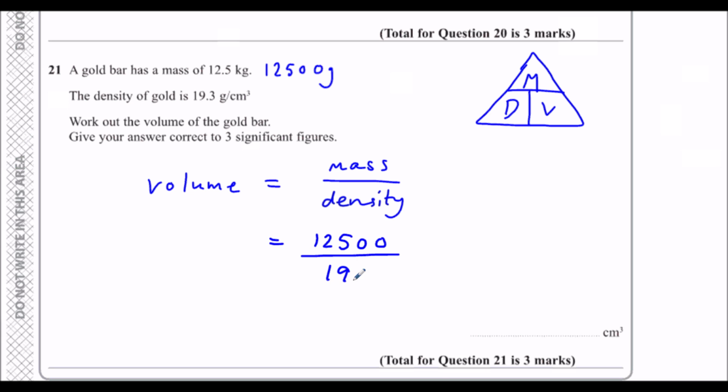Density is 19.3. The units are the same. So 12,500 divided by 19.3 to three significant figures is 648 centimeters cubed.